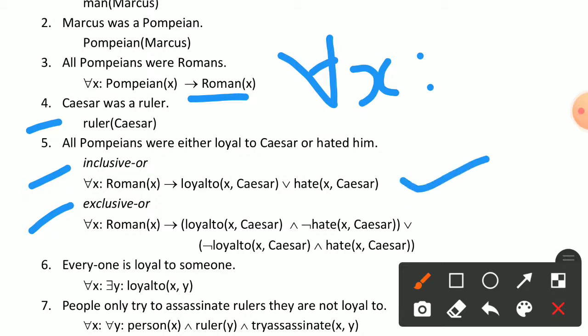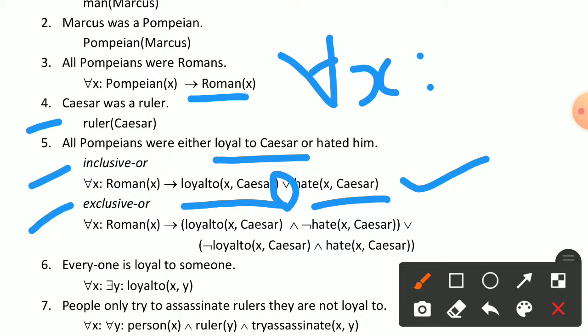For all x, Roman x implies loyal to x comma Caesar or hate x comma Caesar.